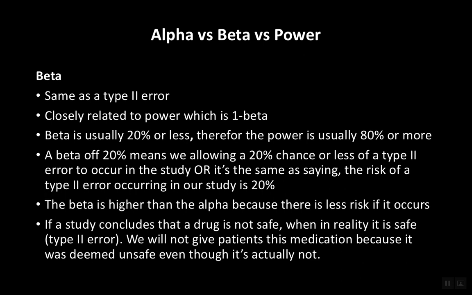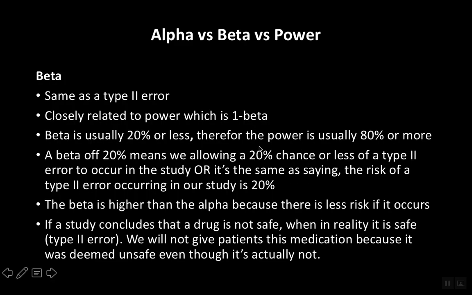Even though in reality it is safe, you concluded that it's not, so we didn't give it to patients, so there was no harm or risk involved. And that is why a type 2 error, or a beta, gives you a 20% chance of that occurring. Okay?